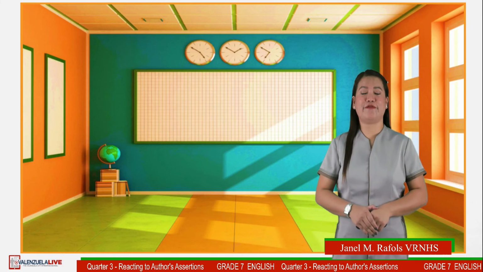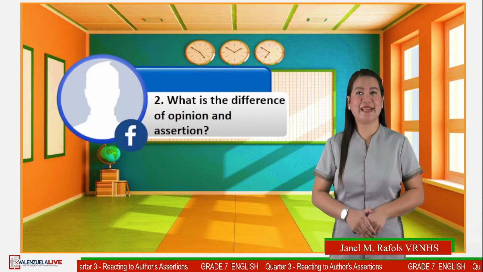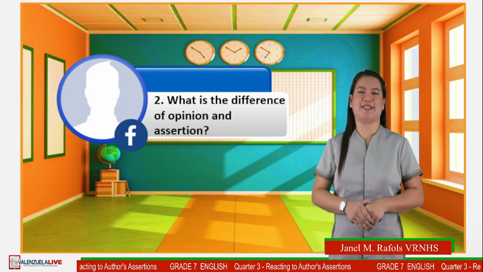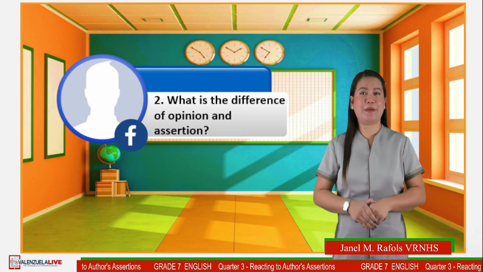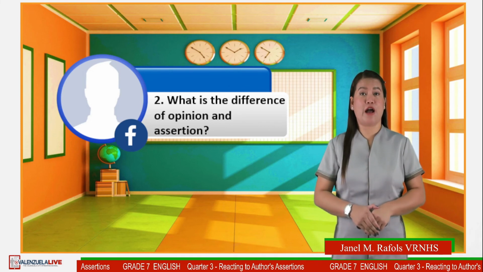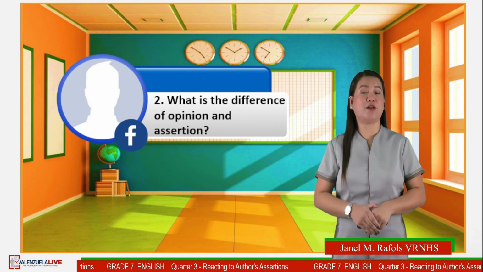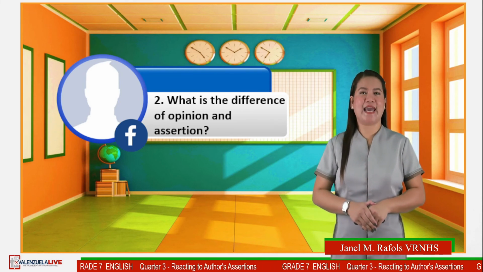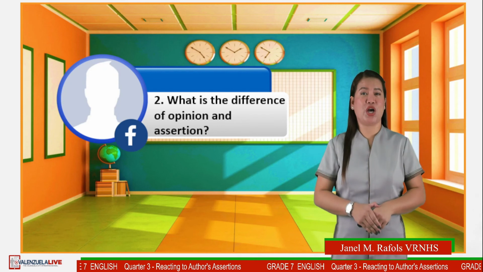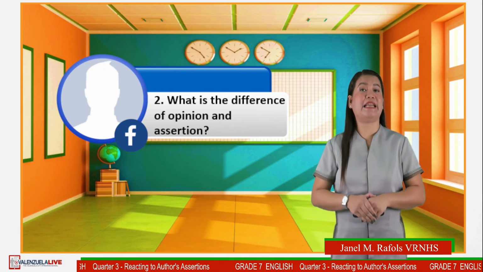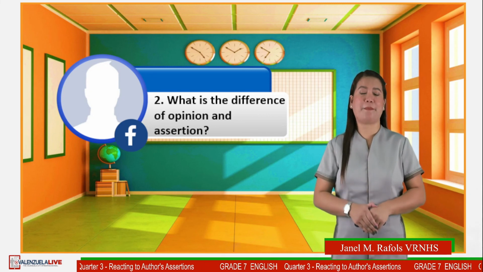Next, let's have question 2. What is the difference of opinion and assertions? An opinion is the personal judgment or view of a person about an issue or topic. An assertion is a statement used to make a declaration or to make a firm belief on a particular topic.